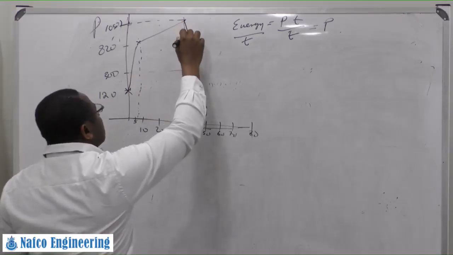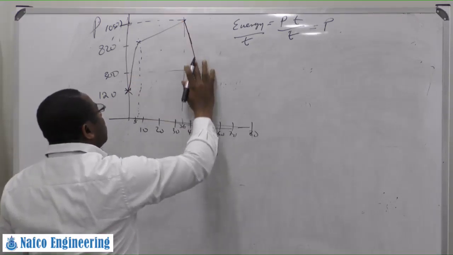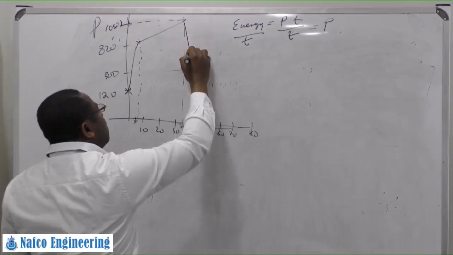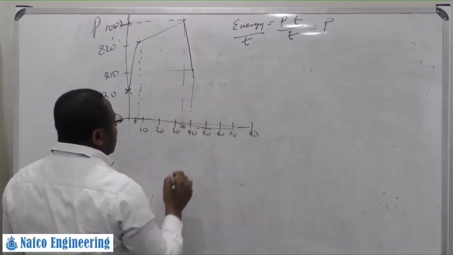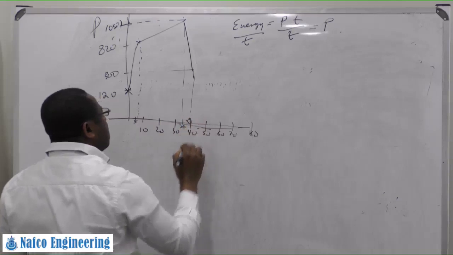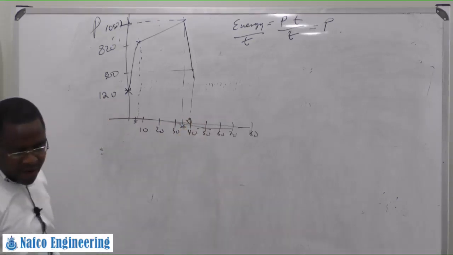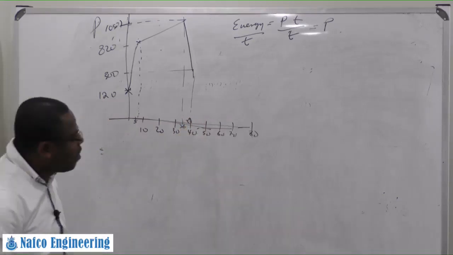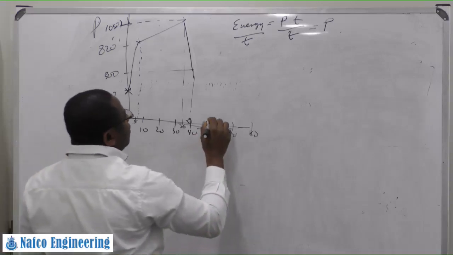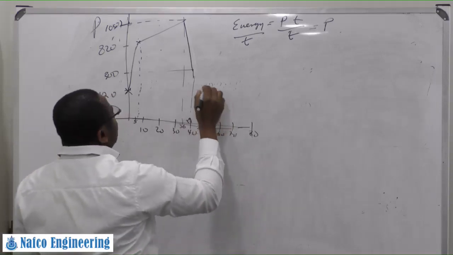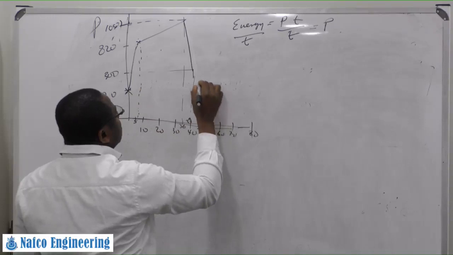So this comes down. That is 39. And then after that, 55 with 120.